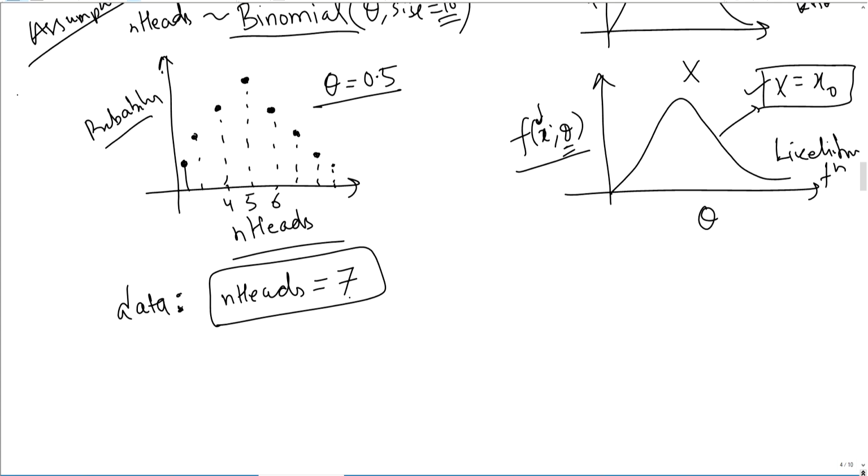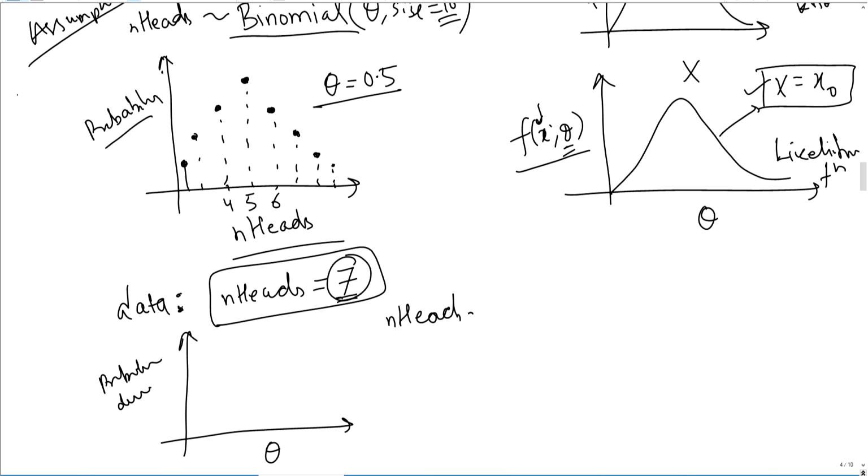Now, once this data is known, you can draw a graph between theta and probability density or likelihood, how likely is a particular value of theta to generate this data, number of heads equal to 7, assuming that number of heads comes from binomial distribution with underlying probability of heads being theta.